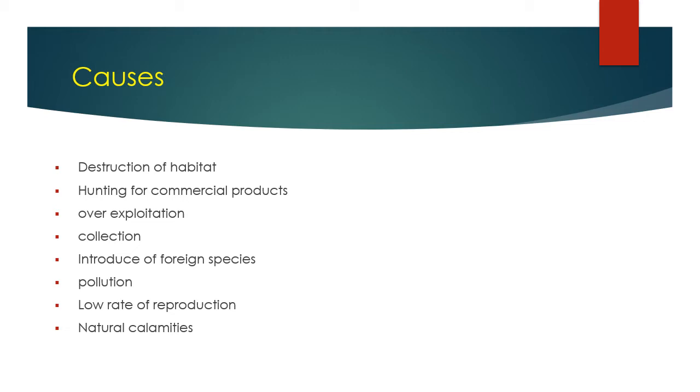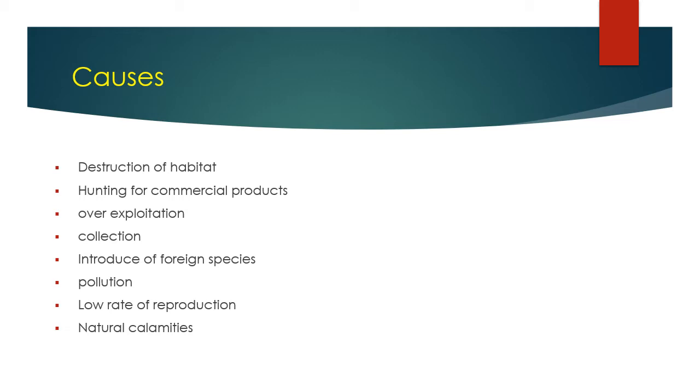In Africa in 2015, 90% of black rhinos were killed for their horns, crocodiles are killed for their skin, and musk deer are killed for their gland. So hunting for commercial products is one of the most important causes of wildlife depletion.